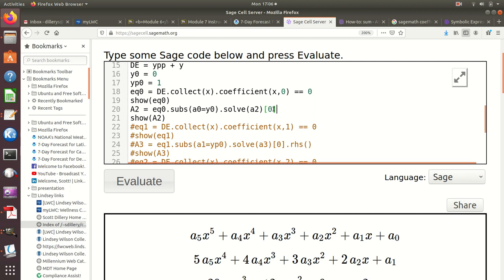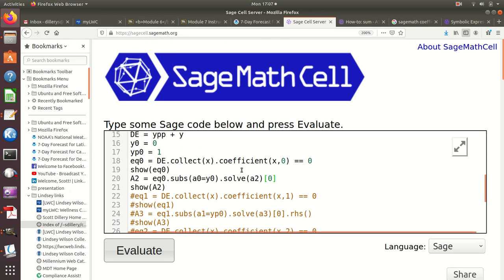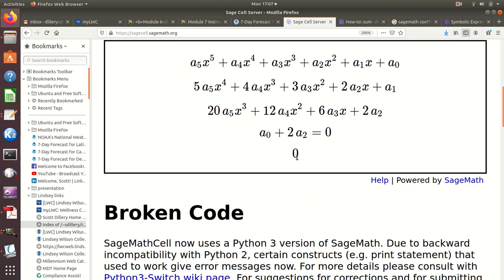So I want the 0th term, which is the first term. And so if I hit evaluate on that, notice it got rid of the square brackets. Well, now I just want the 0, so I just want that right hand side of that equation, and that's what the dot right hand side does. And I evaluate that, and there's just the 0. So I know a2 equals 0.